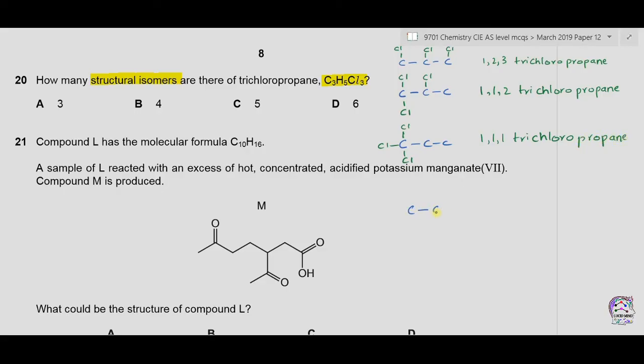Also we can have 1 chlorine atom attached with the last carbon. So it will become like this. Now the name is 1,1,3 trichloropropane.